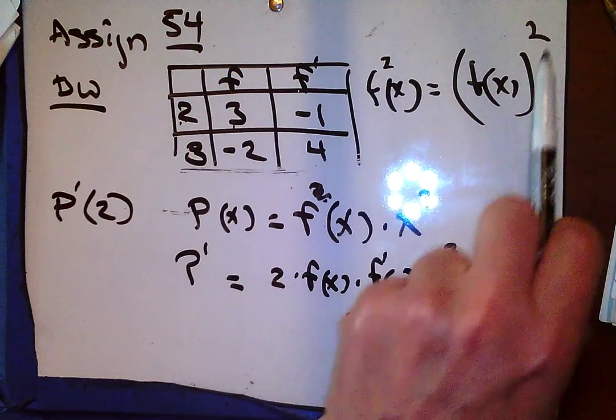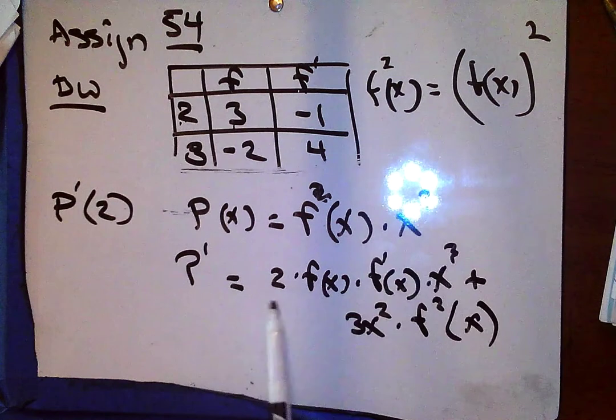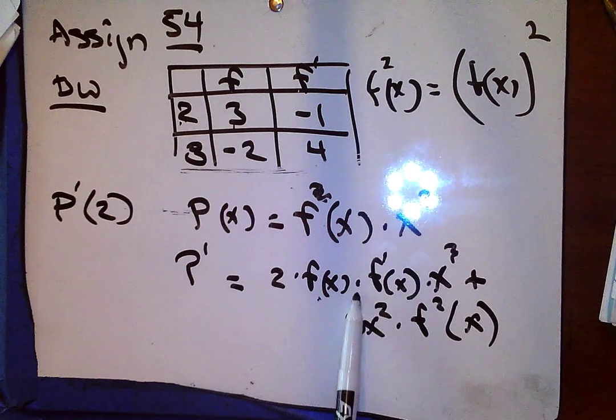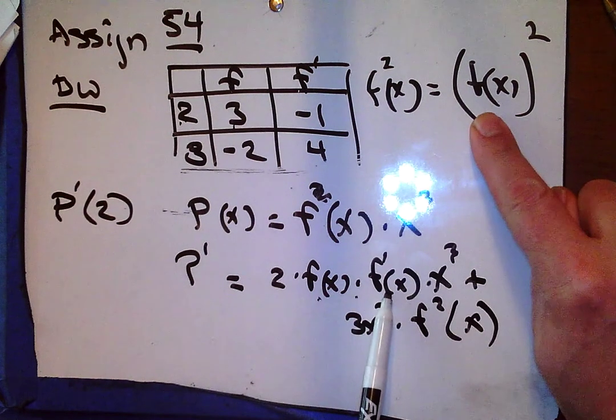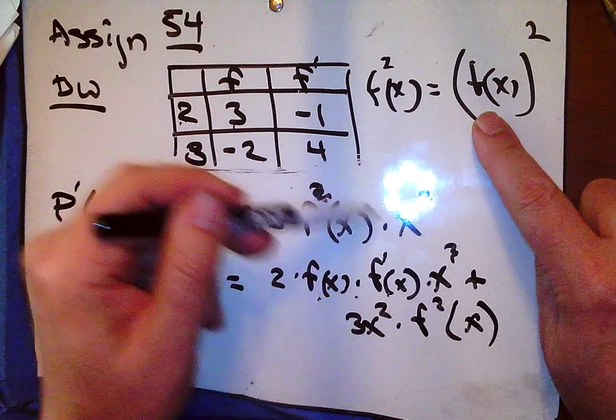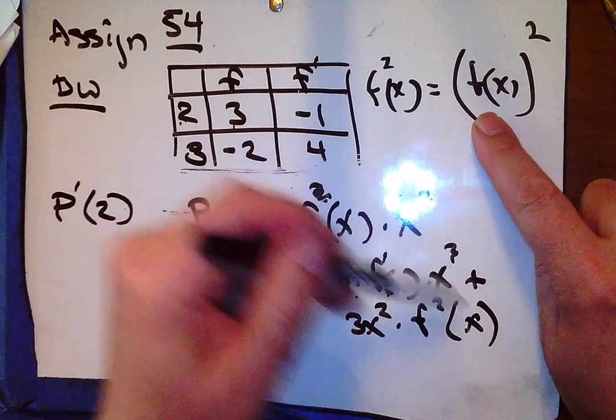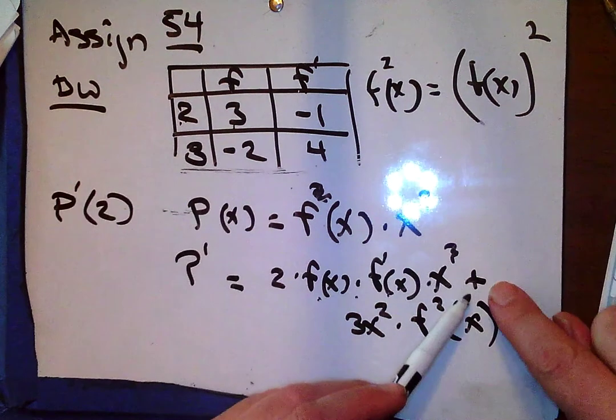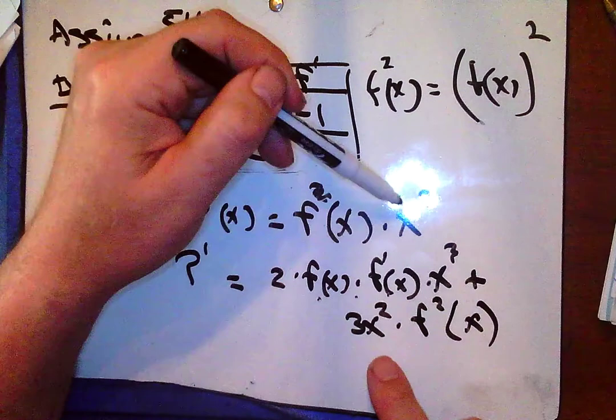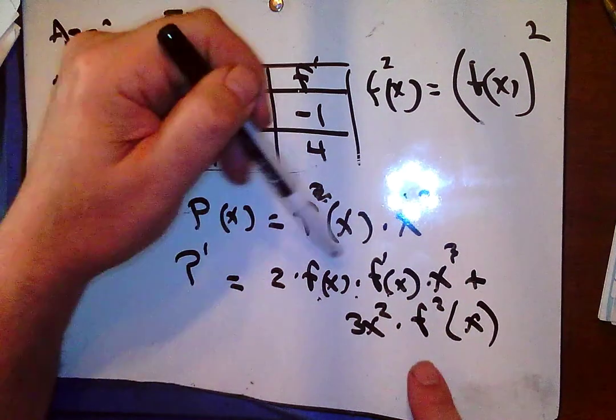So the derivative here, take the derivative of the outside, leave the inside alone, come back and take the derivative of that inside. And remember, we're doing product rules, so derivative of this times that is all this. Get to the plus sign, and then I'm doing the derivative of this times that.